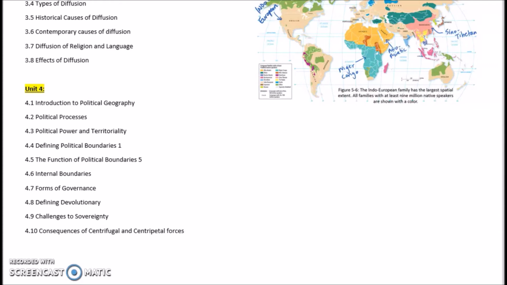Okay, you need to go back again to the morphology, going through compact versus elongated versus perforated. Think about different types of boundaries too, the relic boundaries, for example, the Berlin Wall.